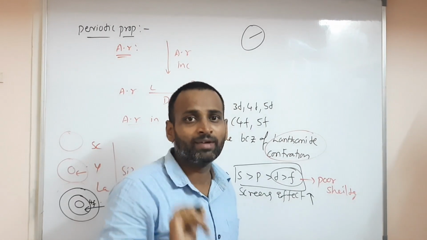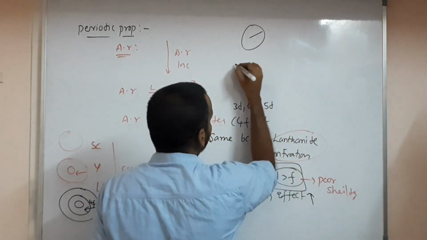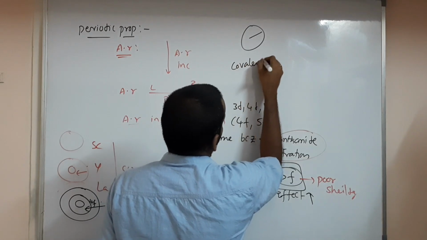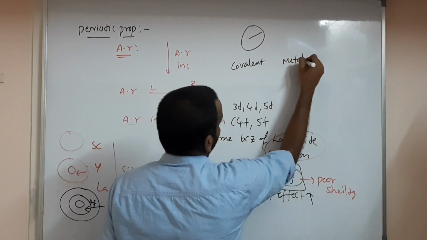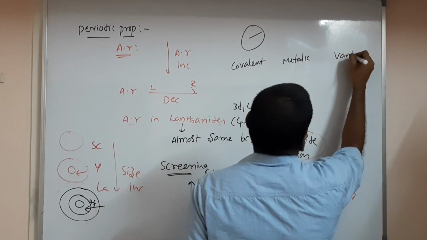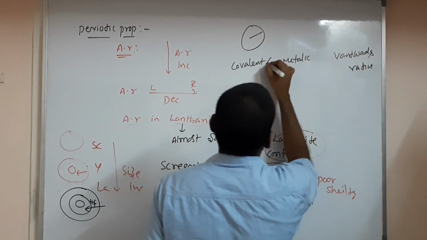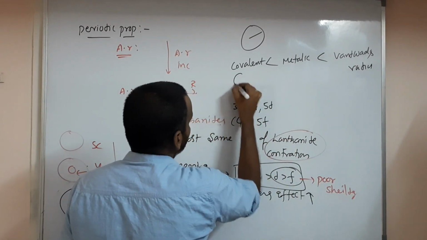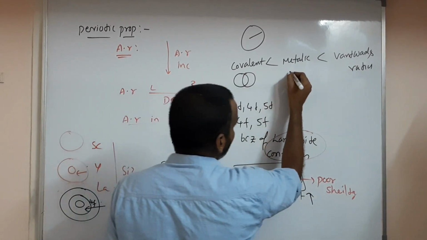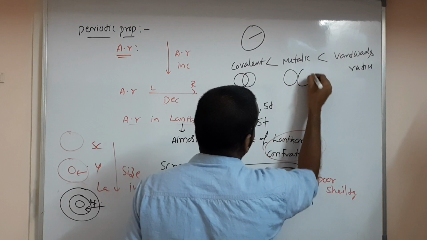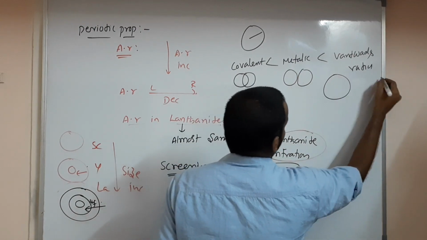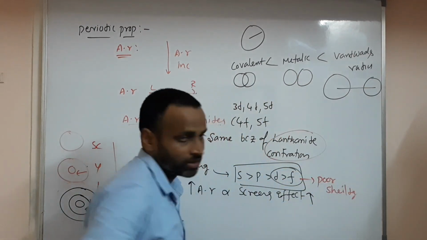Even for noble gases there is a van der Waals radius. The types of radius are covalent radius, metallic radius, and van der Waals radius. This is the order of radius. Covalent radius means one overlapping into another. Metallic radius means one adjacent to another. But van der Waals means one away from the other.